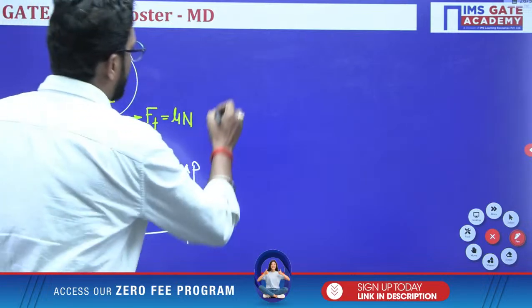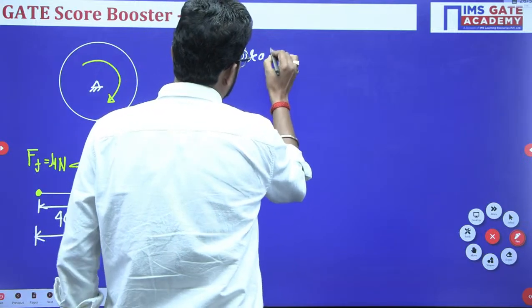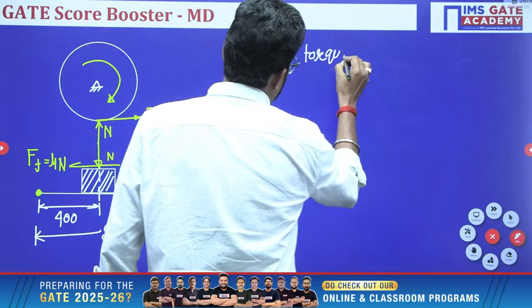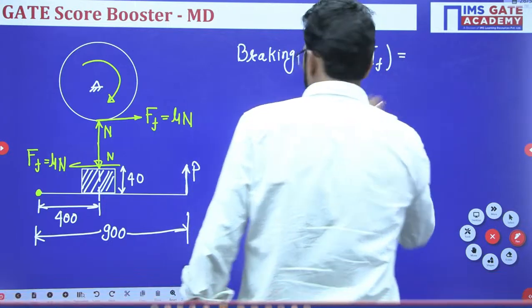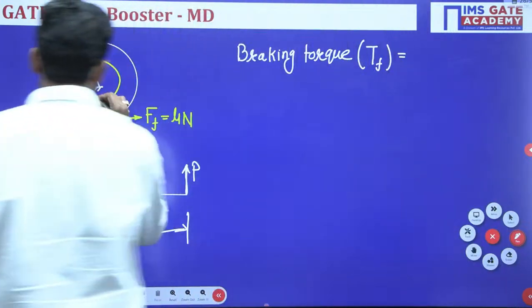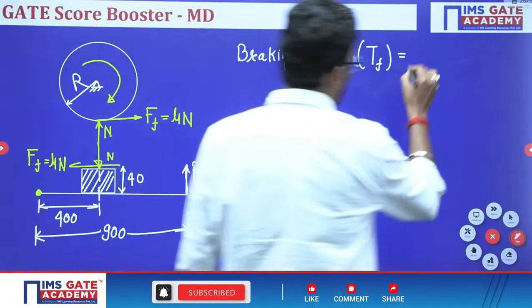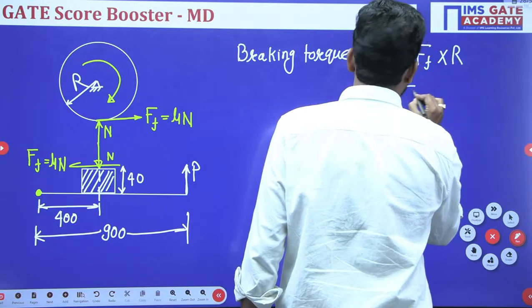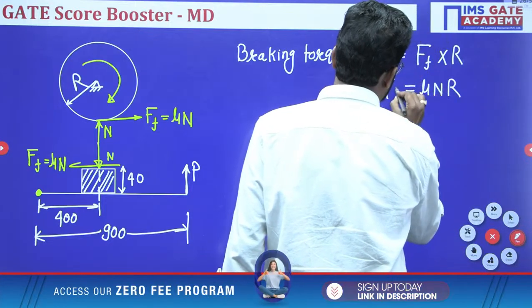Now we know that braking torque TF is equal to this force into the perpendicular distance R. So this braking force is mu into N, into R. This is your braking torque.